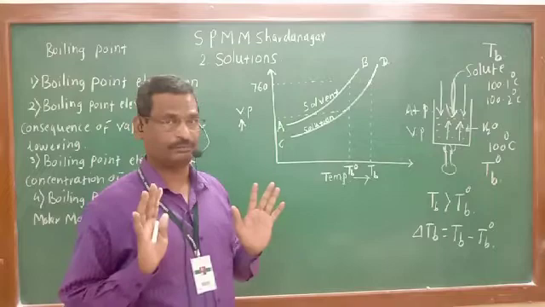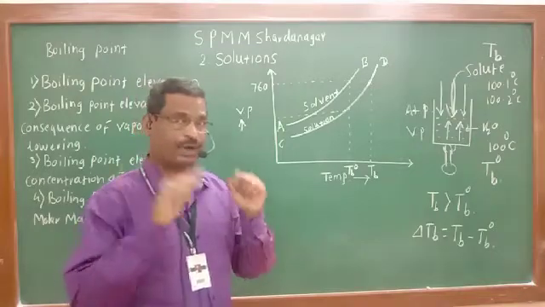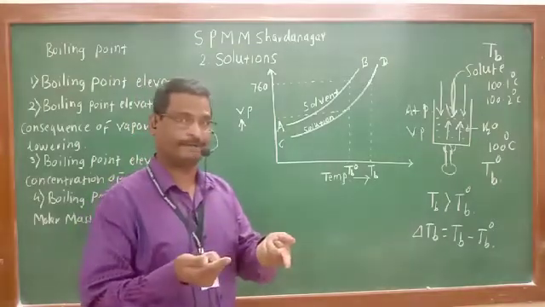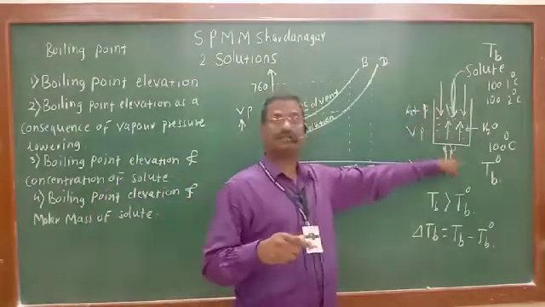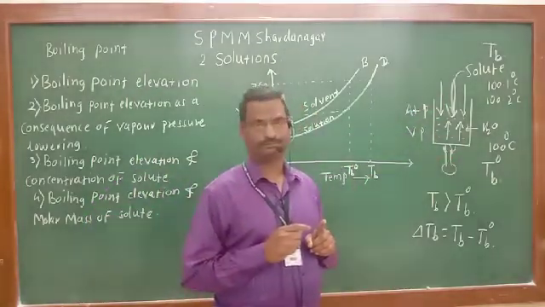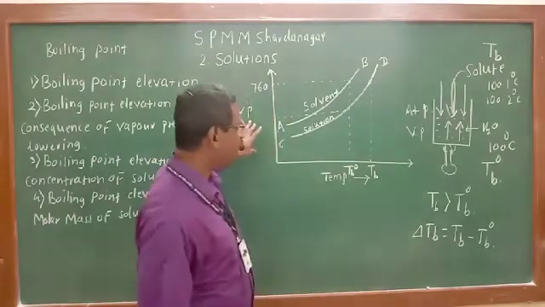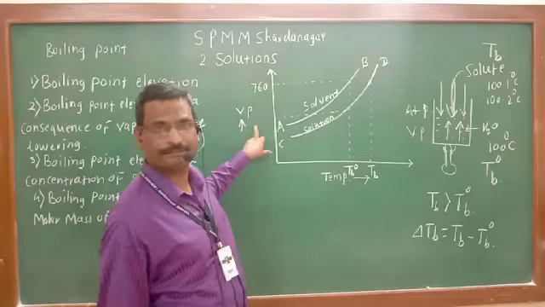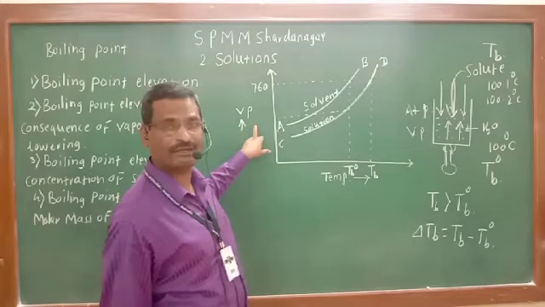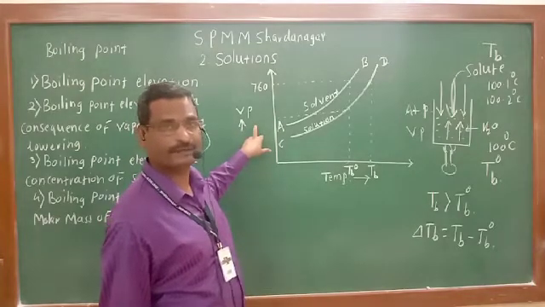See, it is the opposite way. Vapor pressure of solvent is greater than solution, but the boiling point of solution is greater than solvent. So from this graph, we can correlate boiling point elevation and vapor pressure lowering.